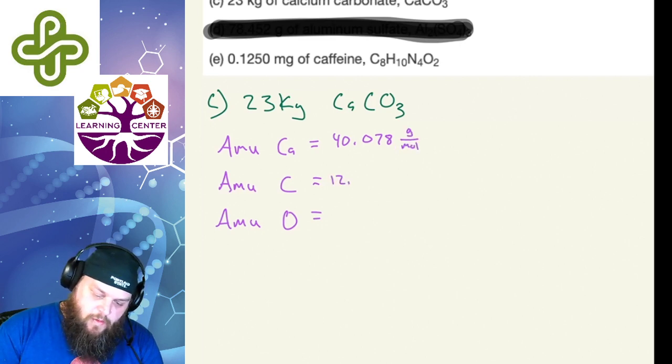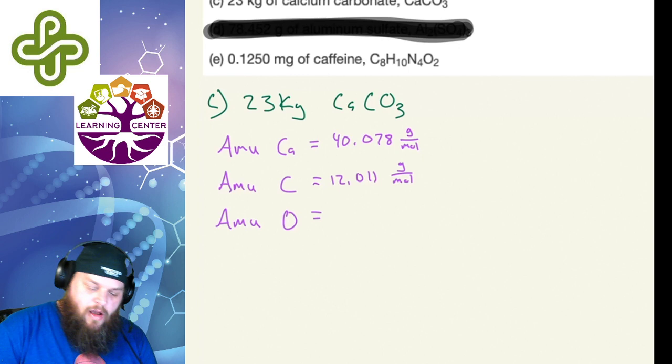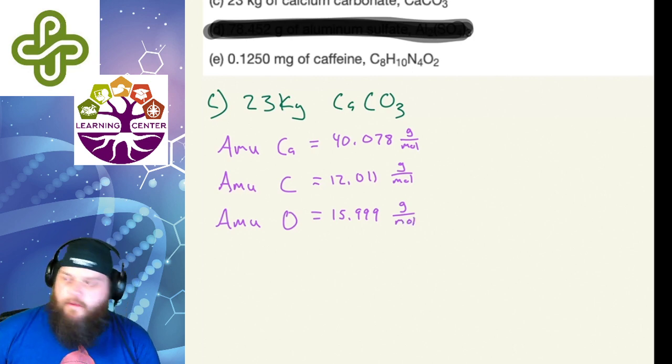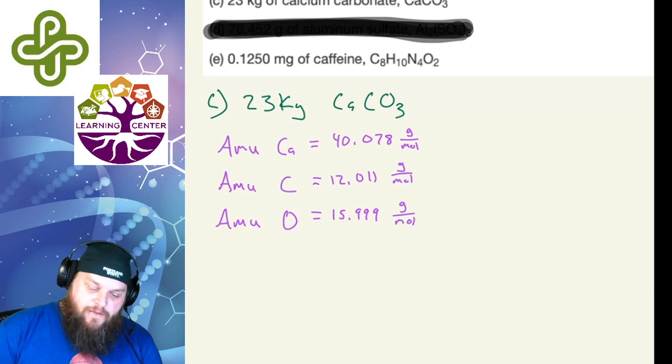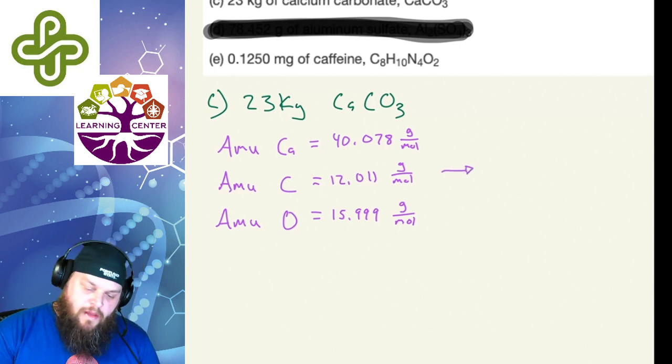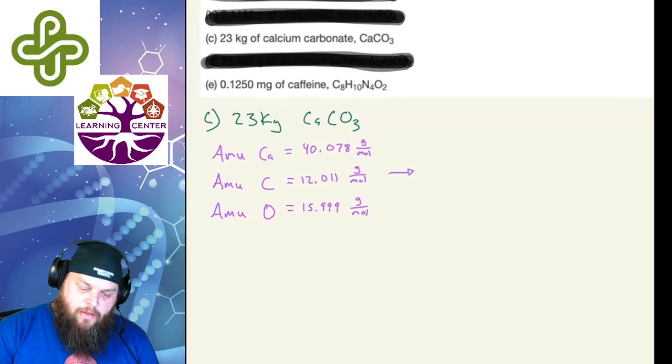Carbon, and these are in grams per mole, is 12.011 grams per mole. It's one of the ones I just have memorized. Oxygen, again, we use very often, 15.999. We looked those all up a little bit ago anyways. So now we can find out the molecular weight of this whole thing. To do that, we have to add these together, plus all the multiples.